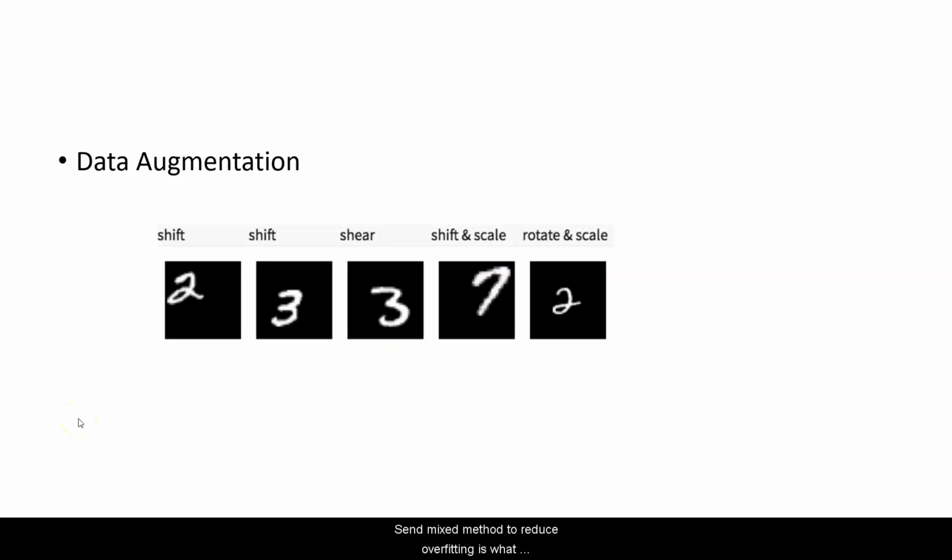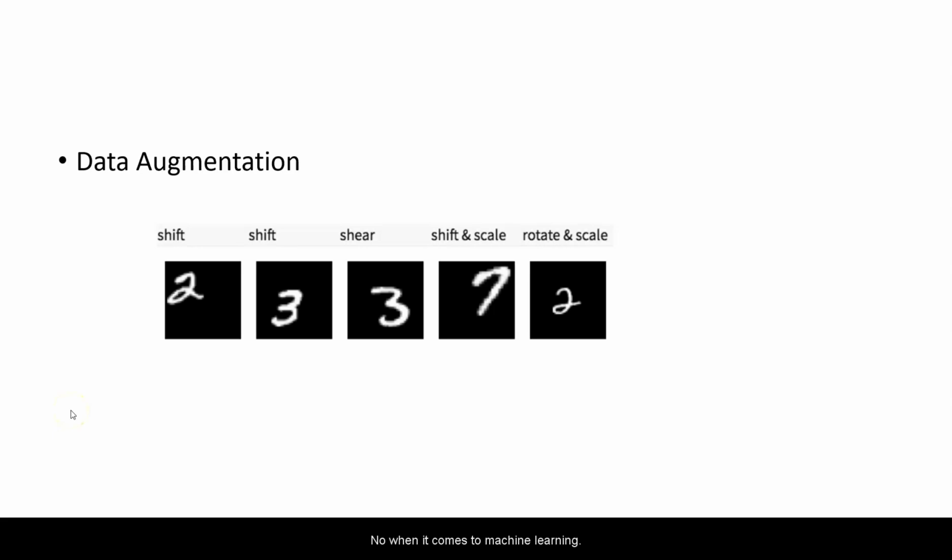The next method to reduce overfitting is to increase the size of the training data set. One method to achieve this is data augmentation. Data augmentation is a technique to increase the size of the training data set so that overfitting can be prevented.